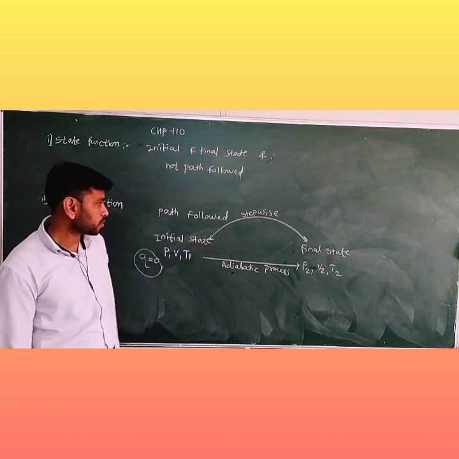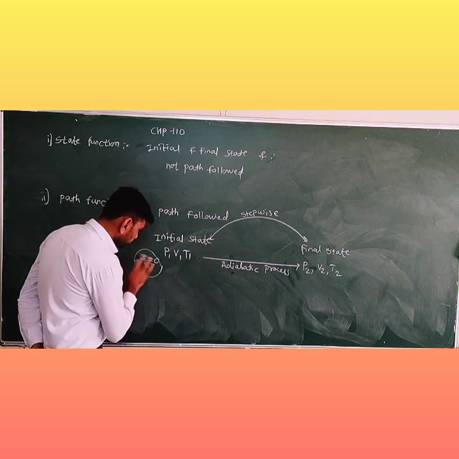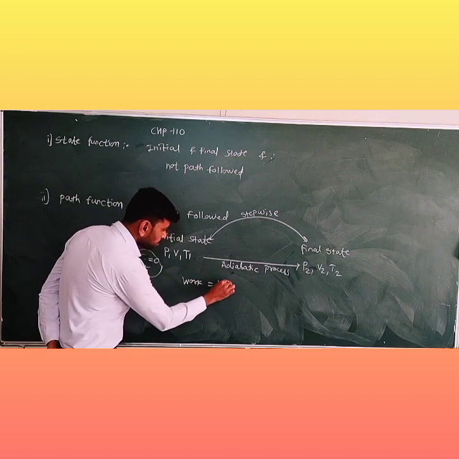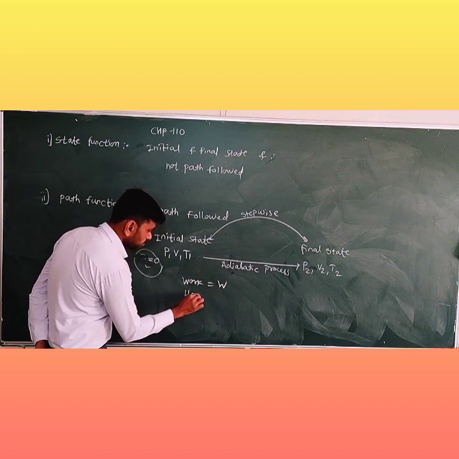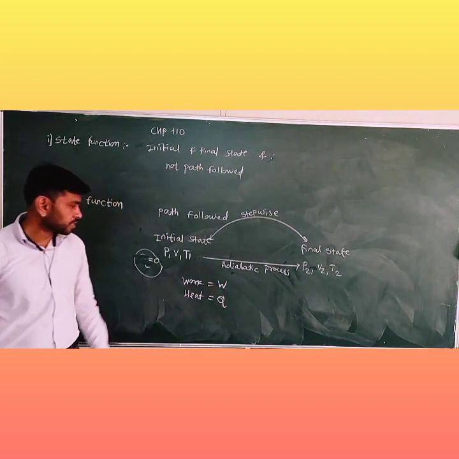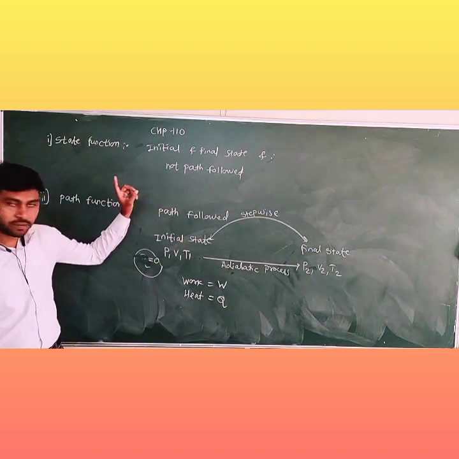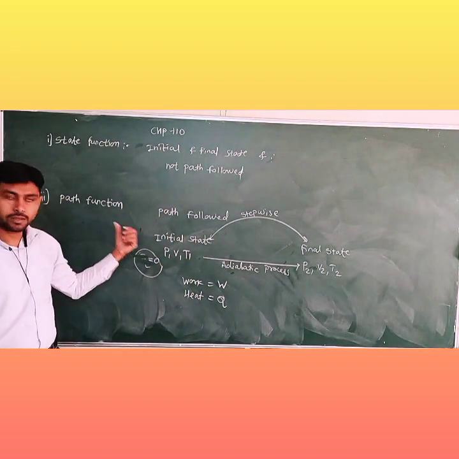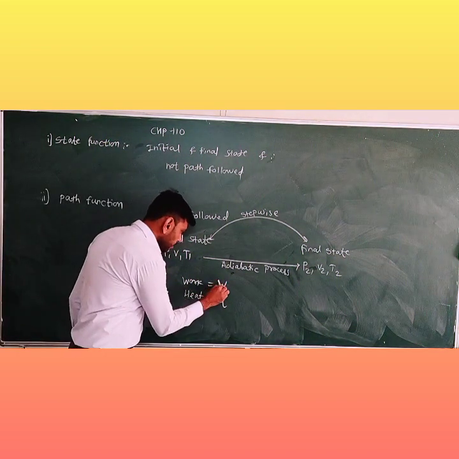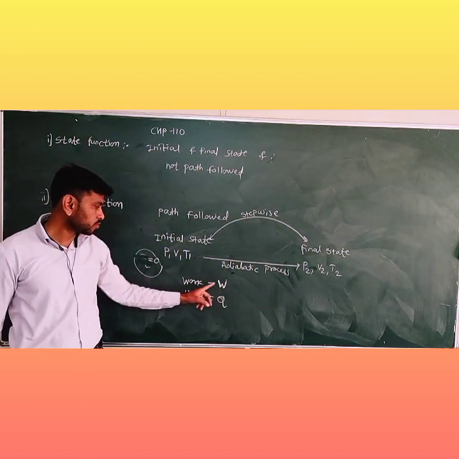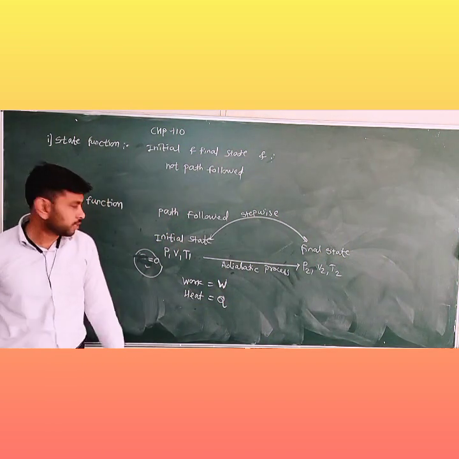Suppose work is indicated by the symbol W and heat is indicated by the symbol Q. We have to see the difference between state function and path function using work and heat.